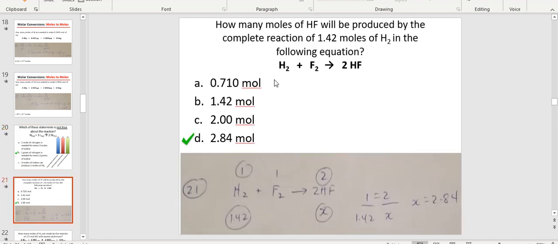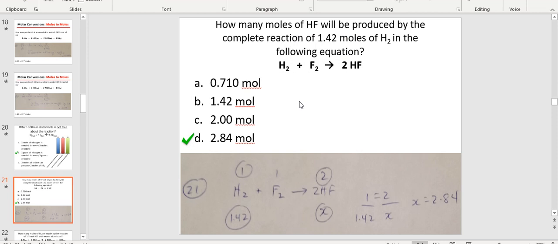How many moles of hydrogen fluoride will be produced by the complete reaction of 1.42 moles of hydrogen in the following equation? So how many moles of HF will be produced by the complete reaction of 1.42 moles of this? Again, your molar ratio, 1, 1, 2. Where's my X? Go over here.